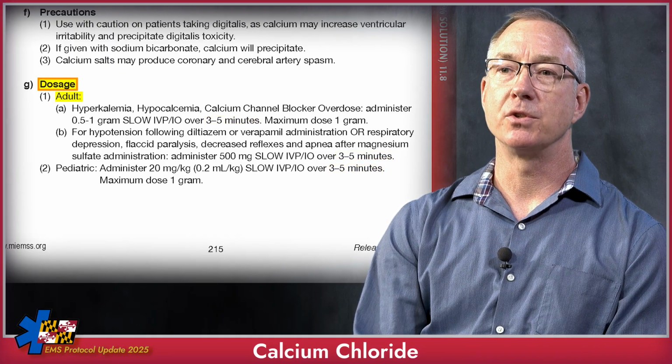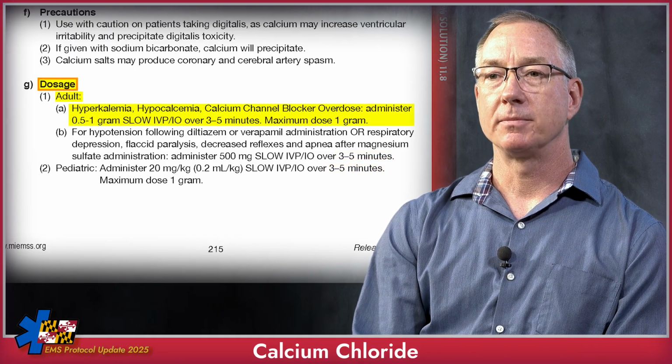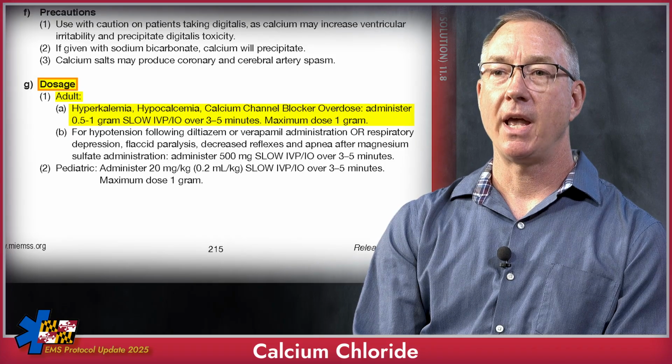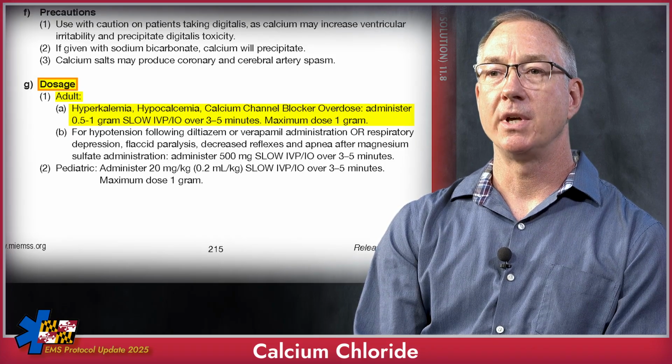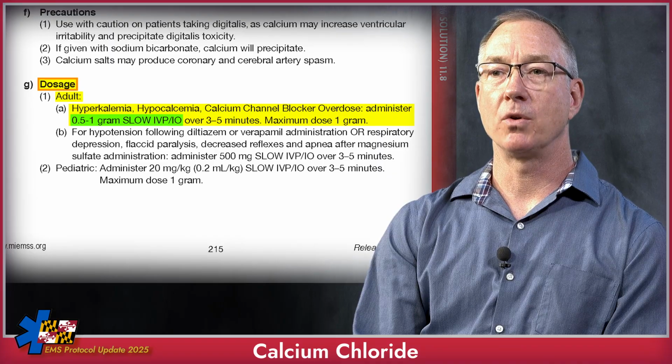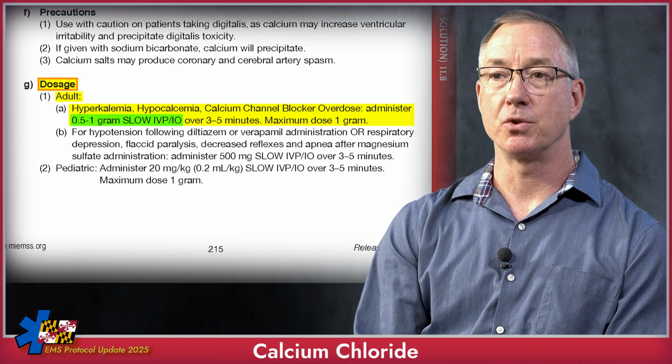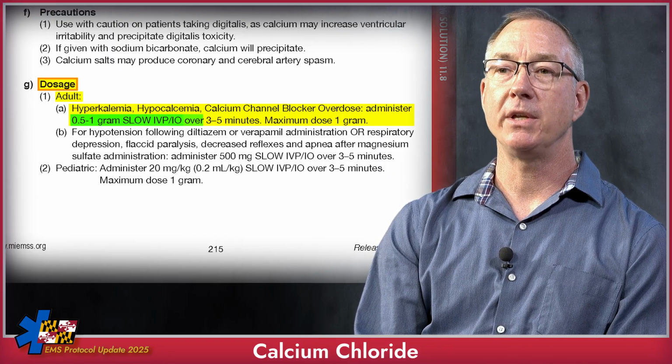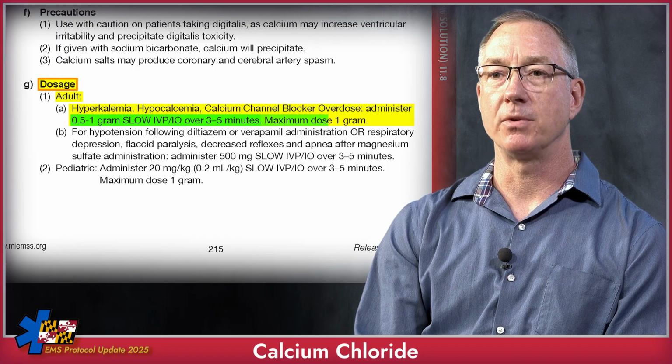The adult dosage for hyperkalemia, hypocalcemia, and calcium channel blocker overdose is 0.5 to 1 gram slow IV push or IO over 3 to 5 minutes with a maximum dose of 1 gram.